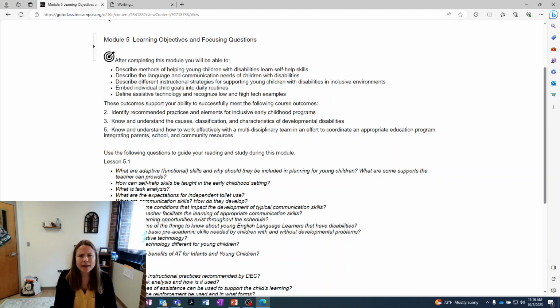How do we embed those individual goals into our daily schedules and routines? And then we also are going to define those assistive technologies and recognize low and high tech examples. So all of these objectives for Module 5 relate back to our course outcomes.